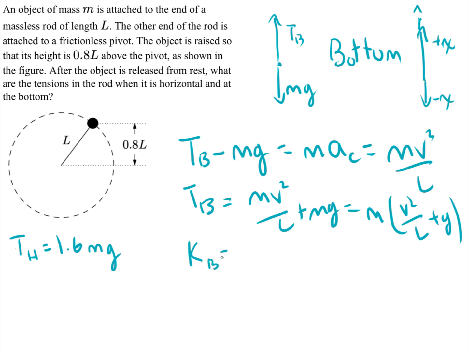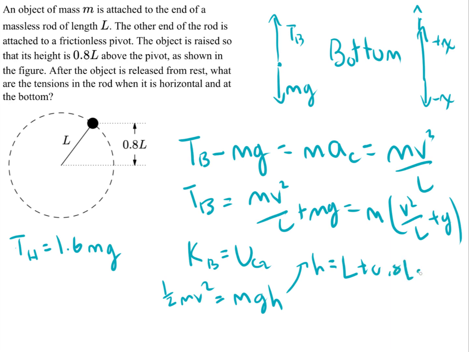So using the same principle from before of energy conservation, the kinetic energy at the bottom is equal to the gravitational potential energy that it had, which is 1/2 mv squared for kinetic energy, and mgh for the gravitational potential energy. And this time, the height is equal to L plus 0.8 L, which gives us 1.8 L. This is because originally it starts at a height 0.8 L above the pivot, but once it goes to the bottom, it falls down another distance L, because L is basically the radius of the circle that it is traveling.